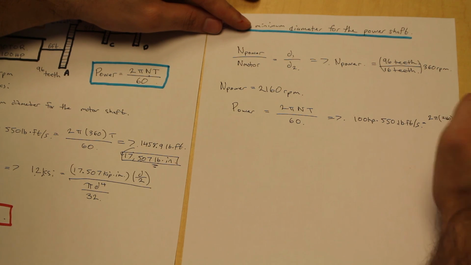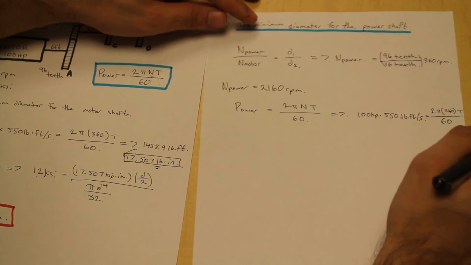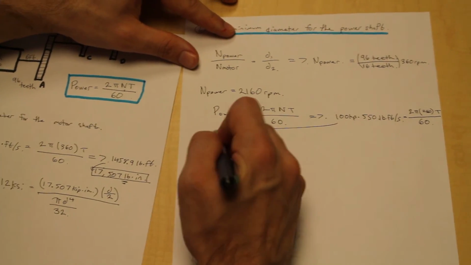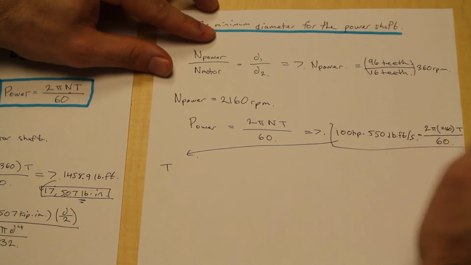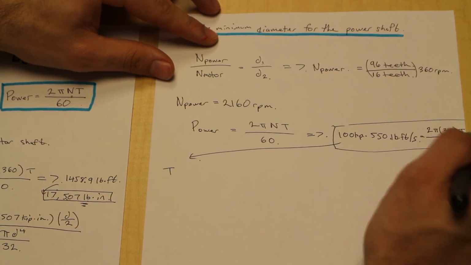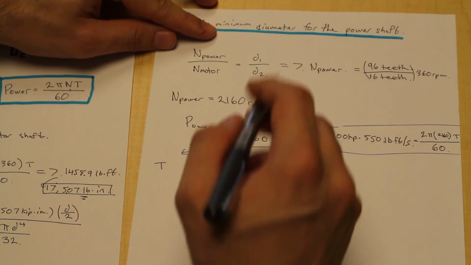T is unknown. We're going to divide that all by 60. Sorry for the small writing there. Then we're going to solve for T, isolate for it, and solve for it.